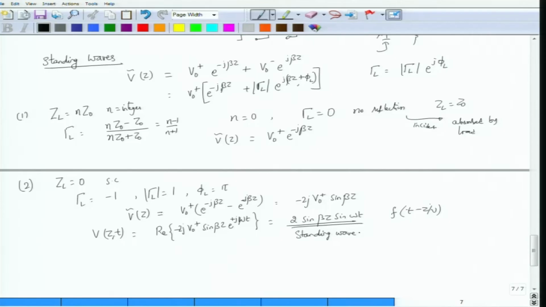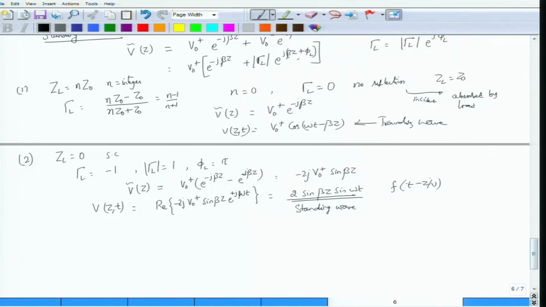Because you go back to this one, in the case of gamma L equal to 0 situation, your V of z,t will be equal to some V0 plus cos omega t minus beta z. This is an example of a travelling wave, whereas the case where you have just seen, ZL equal to 0 short circuit, is an example of a standing wave, okay.